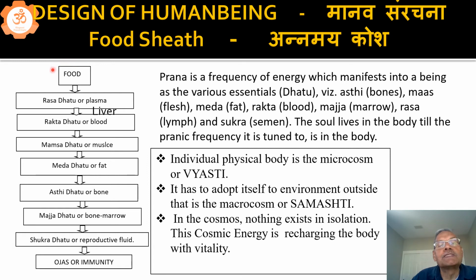How is food forming our body structure? Whenever food is digested in the digestive system, rasa or plasma is formed. That is absorbed by the blood, which is taken to the liver. And the liver decides what is to be released in the blood.